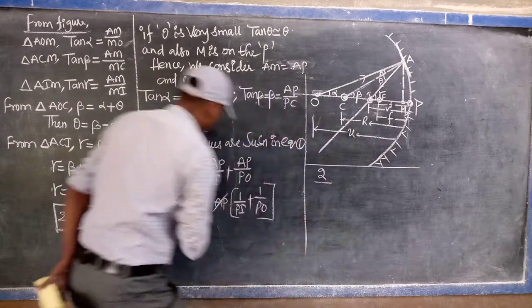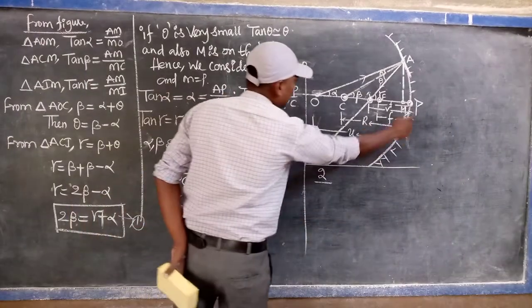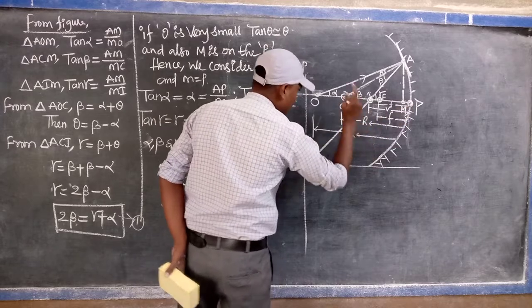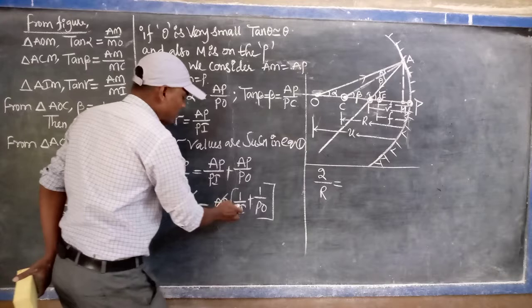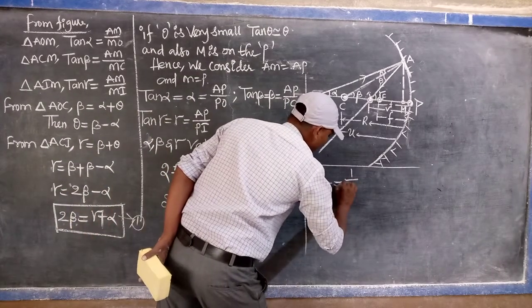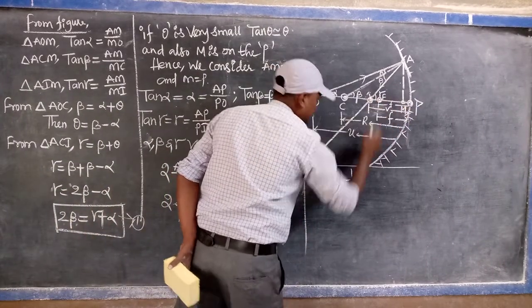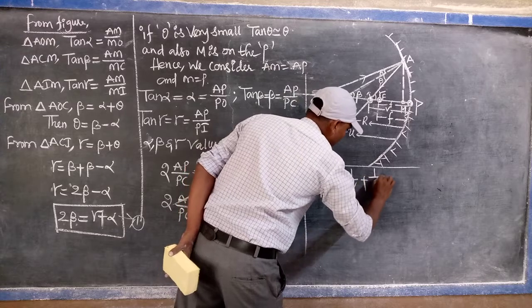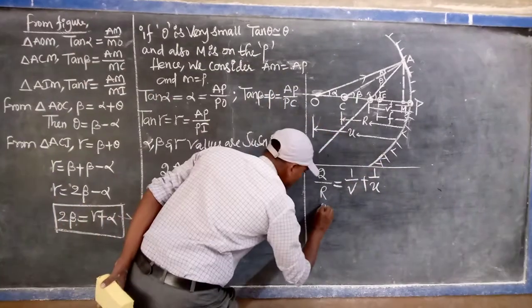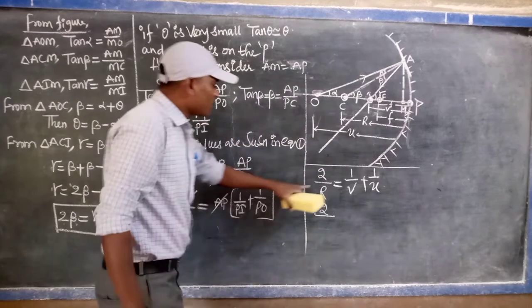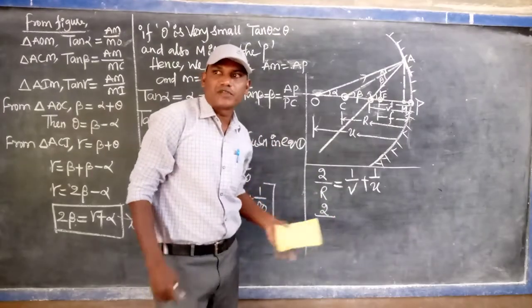So what is the remaining? 2 upon PC. PC means the distance from P to the center of curvature, that means R. That is equal to 1 upon PI, P to I means image distance V, plus 1 upon U. Here 2 upon R, R is the radius of curvature.